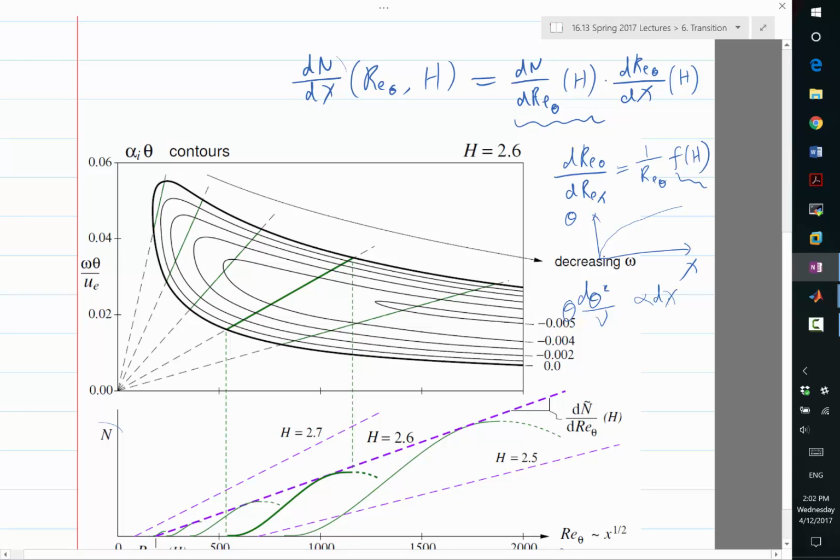So if d(Re theta) d(Rex) is this, then d(Re theta) dx is, let me see. The relationship between x and Rex is Rex equals ue times x divided by nu. So that goes into here. That converts this 1 over Re theta to 1 over theta, right?